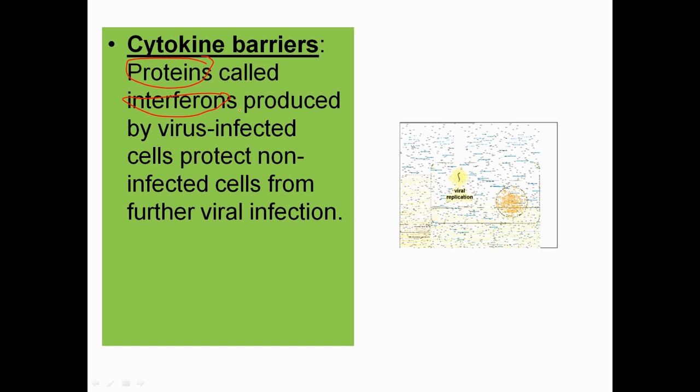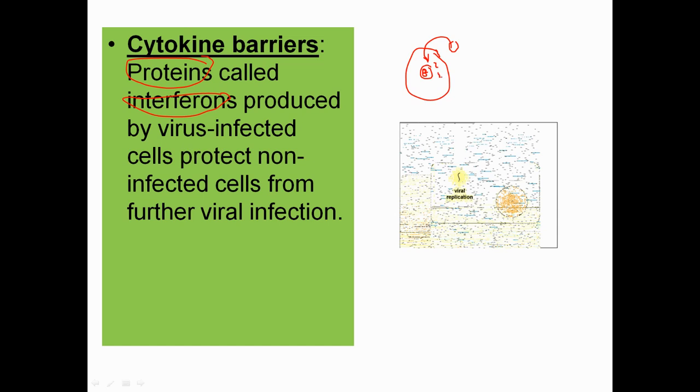Interferons are released when a cell is infected by any sort of virus. This is our cell which is infected by a virus. The virus just comes inside of it, and what does the virus ultimately do?